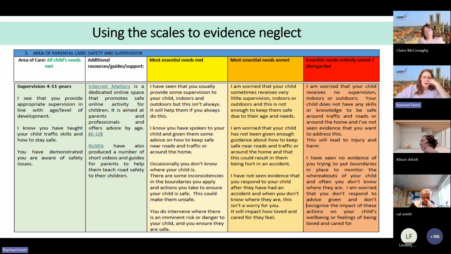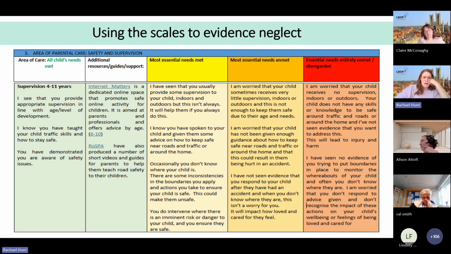If you're worried about talking about safety and supervision with a family, you've got a clear benchmark here of what our understanding is in Lincolnshire. You'll see it's written to the parents and carers as well, so we can absolutely lift those examples. It's not an exhaustive list, so you might come across something that's not mentioned in here, but absolutely use the sentences as a structure. Utilise what you're worried about, but maybe use the language.